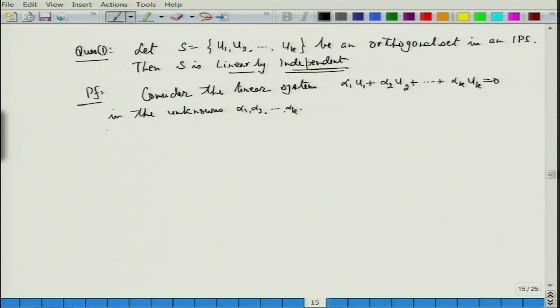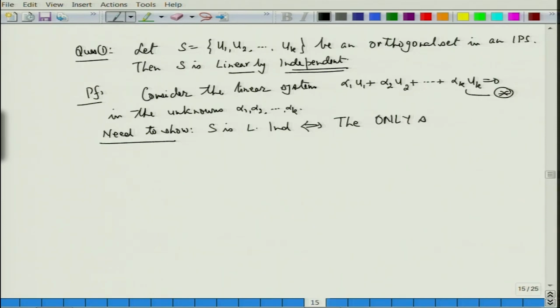I need to show S is linearly independent, which is the same as saying that the only solution of this system (star) is the trivial solution. I do not have any other solution except the trivial solution.